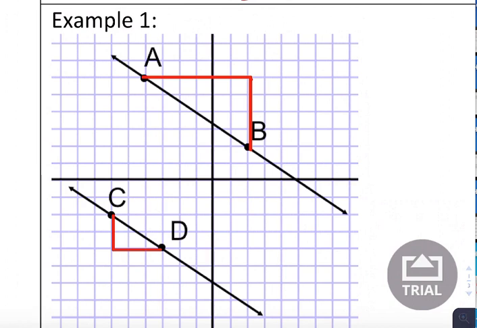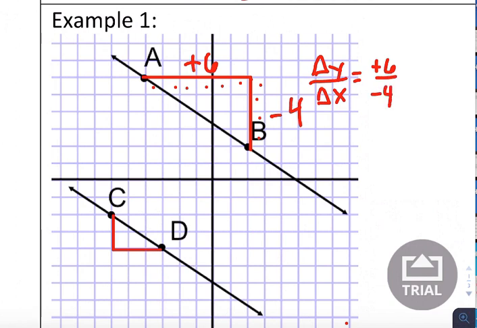So we have, let's see, 1, 2, 3, 4, 5, 6. So that's plus 6 going to the right, and then we have 1, 2, 3, 4. We have minus 4 going down. And so for this triangle, we have change in y over change in x, which will just equate to plus 6 over minus 4. And keep in mind we have a minus here because we're going down. Actually, I'm going to change it around. So I made a very common error there.